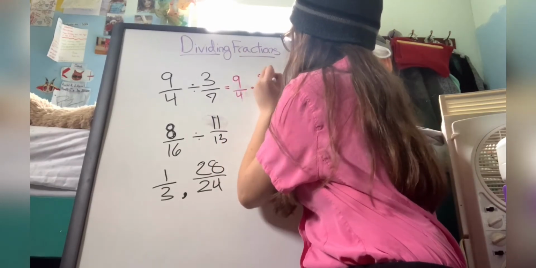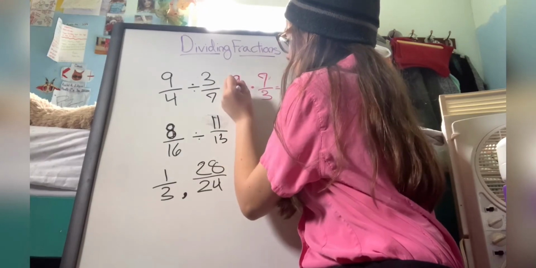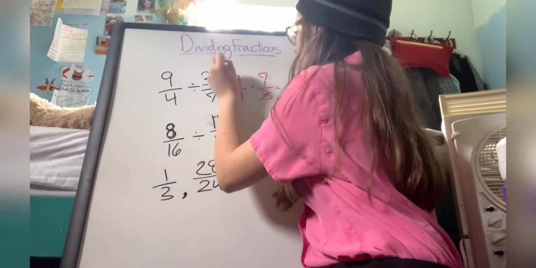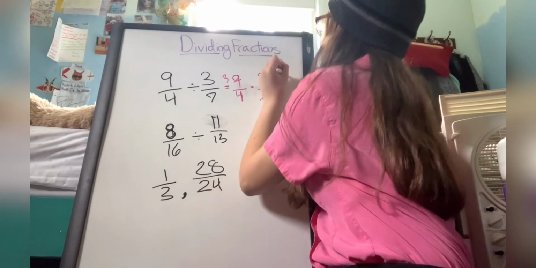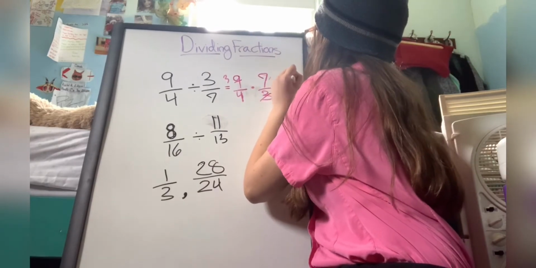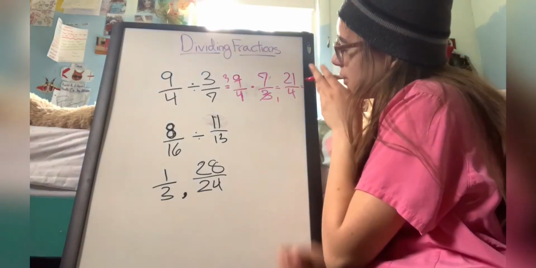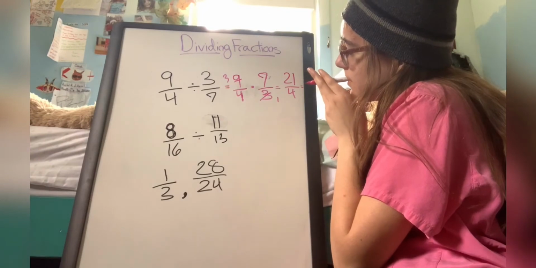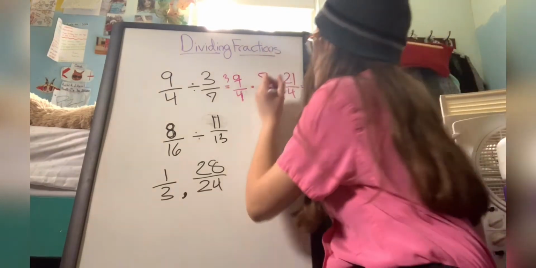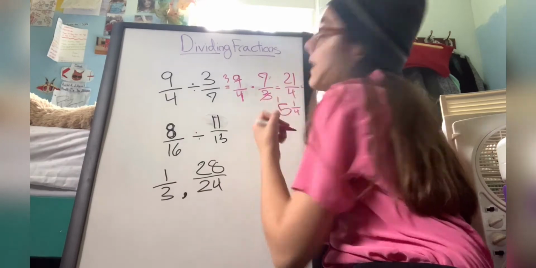If I just simplify this, that becomes 1, that becomes 3. That is 21/4, which can also be 5 and a 4th, or 5.25.